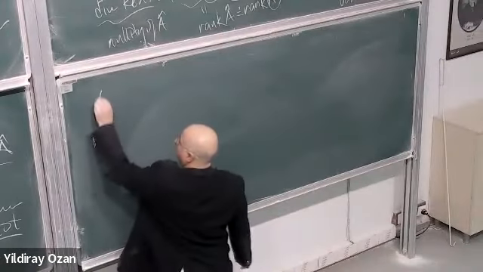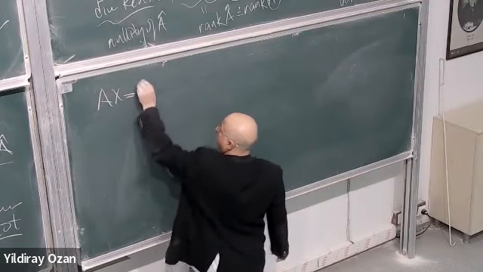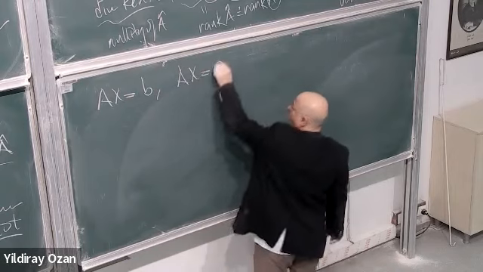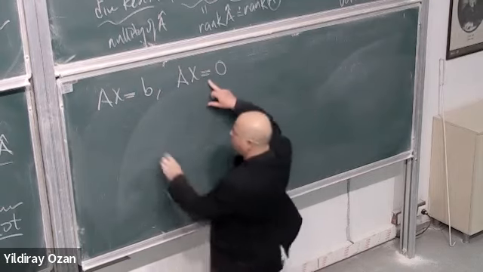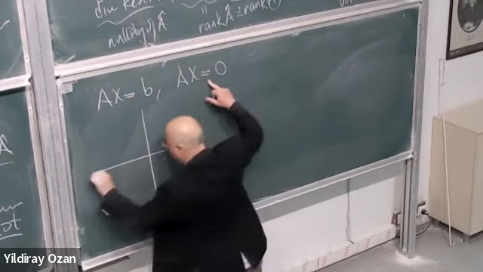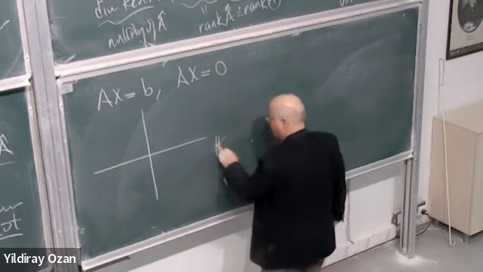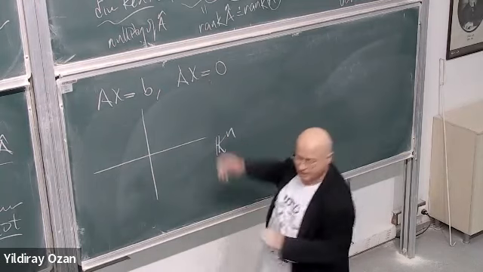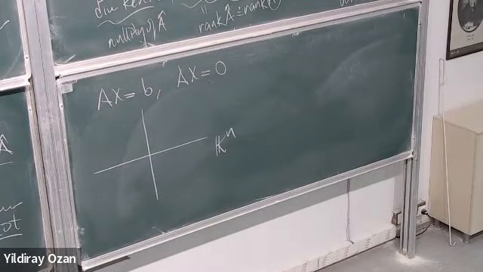So, if I am given this equation, I may consider the homogeneous equation. The solution to this, so let's say this is Kn. Solution to this is a subspace. Let's say this subspace.